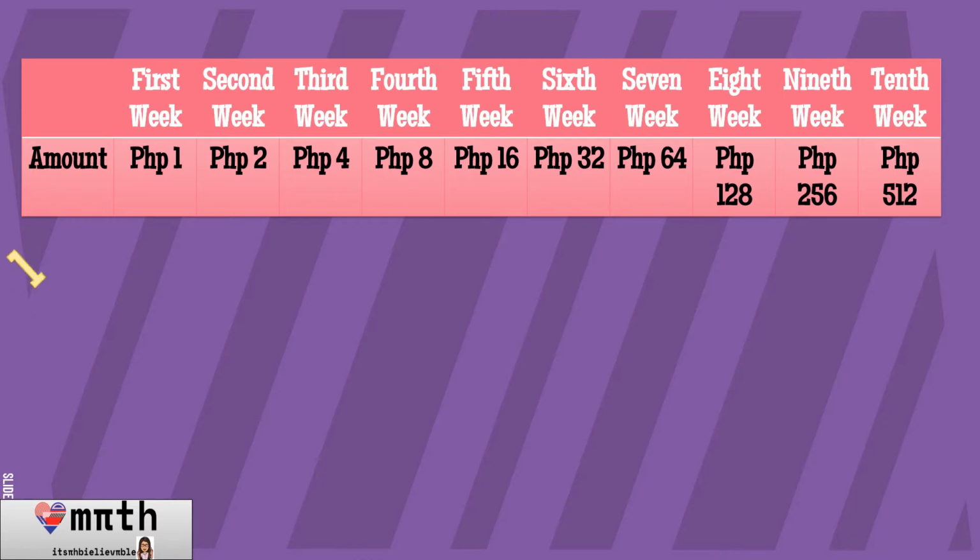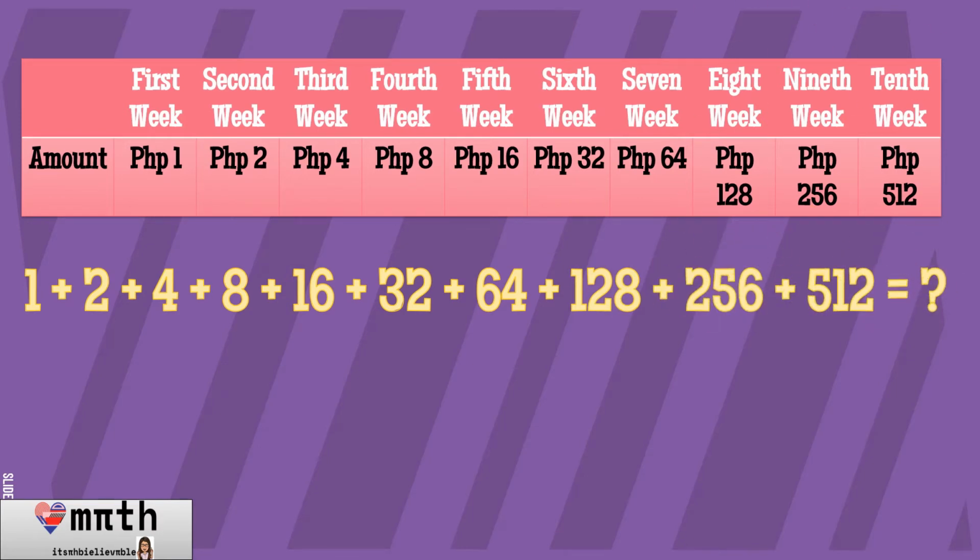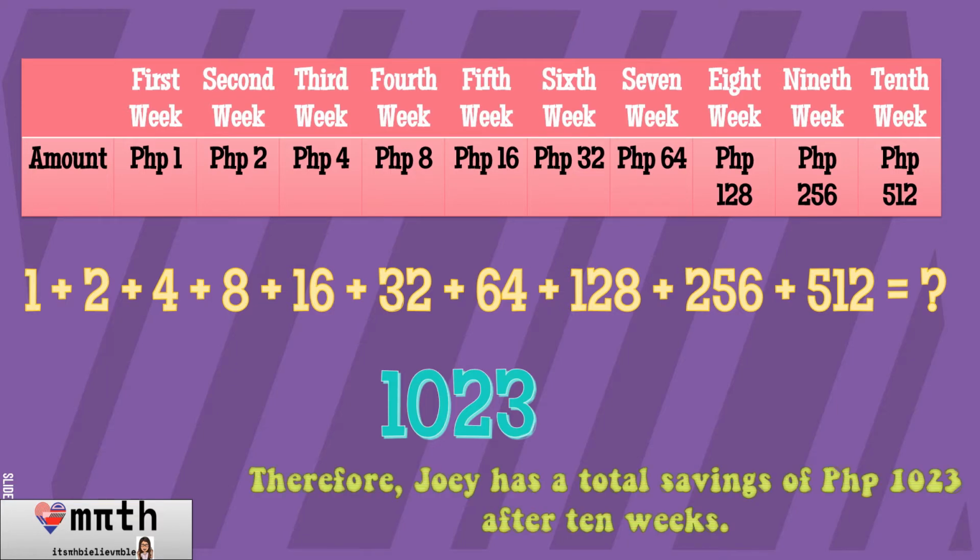So we add the amount of every week, which is 1 plus 2 plus 4 plus 8 plus 16 plus 32 plus 64 plus 128 plus 256 and plus 512. If we add that up, that will be a total of 1,023. So, based on that, Joey has a total savings of 1,023 pesos after 10 weeks.